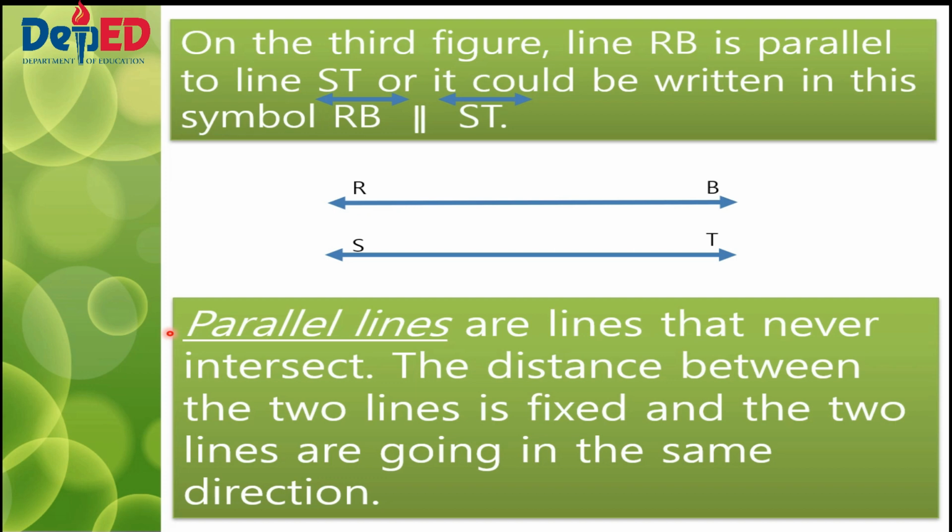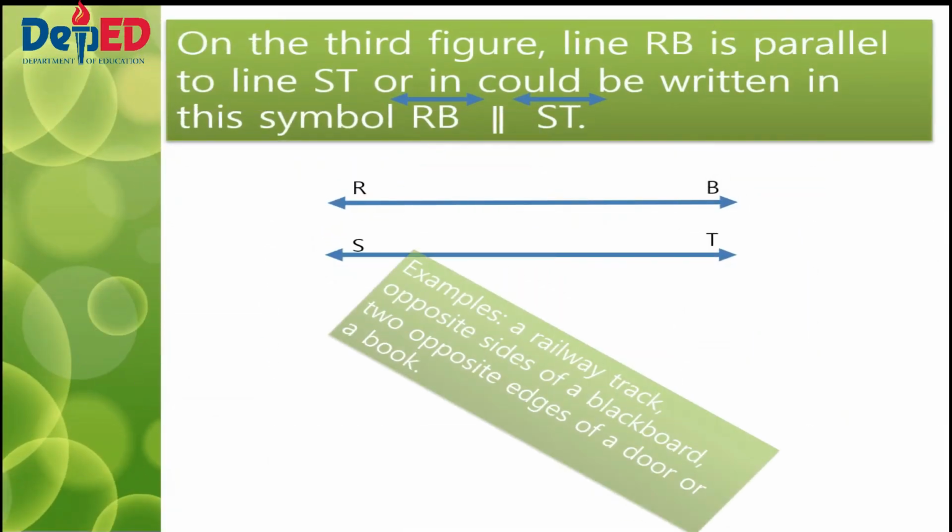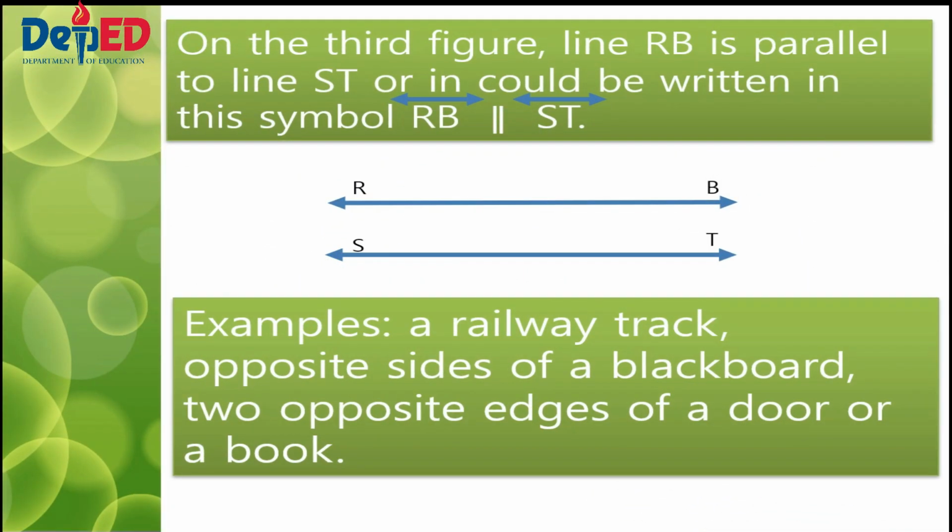The distance between the two lines is fixed, and the two lines are going in the same direction. Examples of parallel lines are a railway track, opposite sides of a blackboard, two opposite edges of a door or a book.